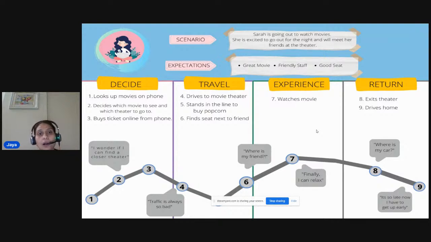This is a scenario about a movie, but when you want to buy a certain product, if it is not online, you have to decide about that particular product, then you have to travel. And if you're traveling, that experience should be good, and the return should be good.